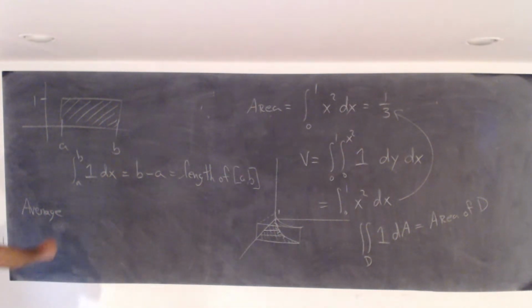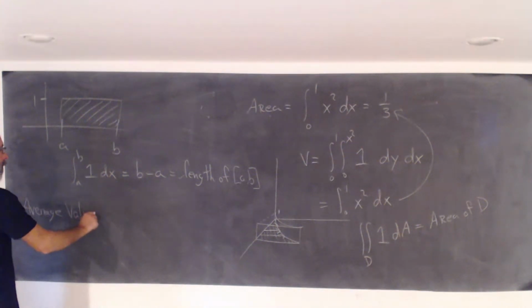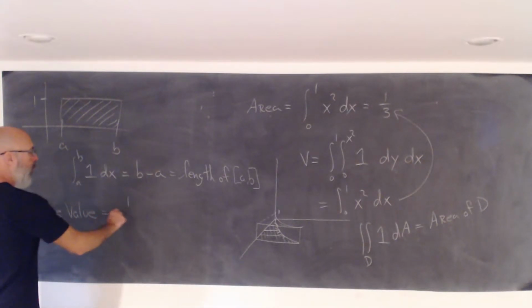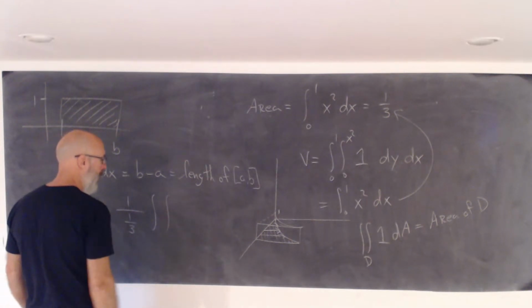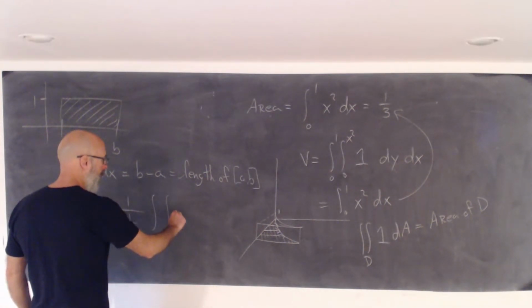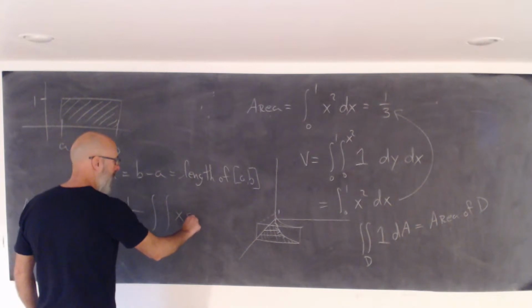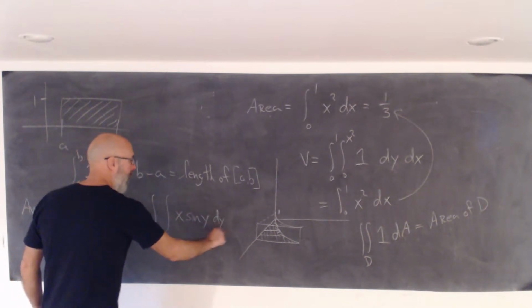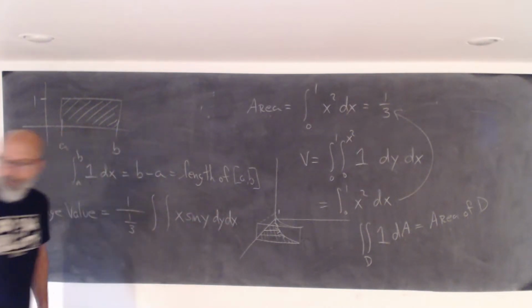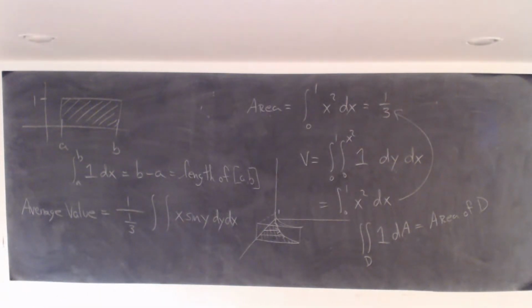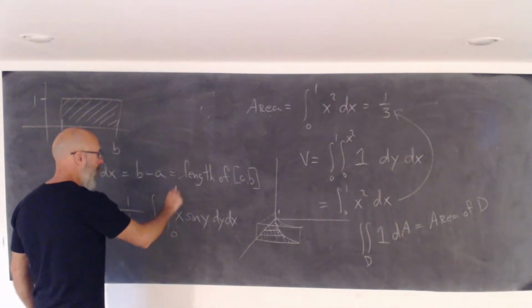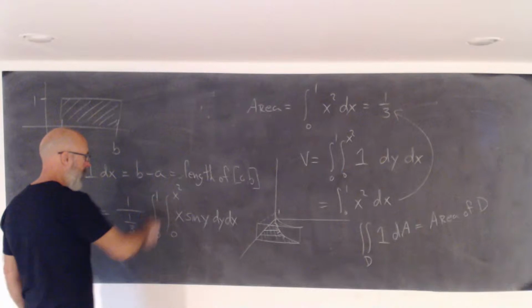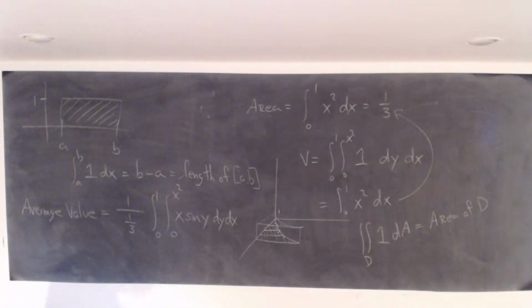So our average value, which is 1 over the area times the double integral, I forget what we had, I want to say x sine y. Is that it? X sine y, absolutely. Where y varied from 0 to x squared, and x varied from 0 to 1.